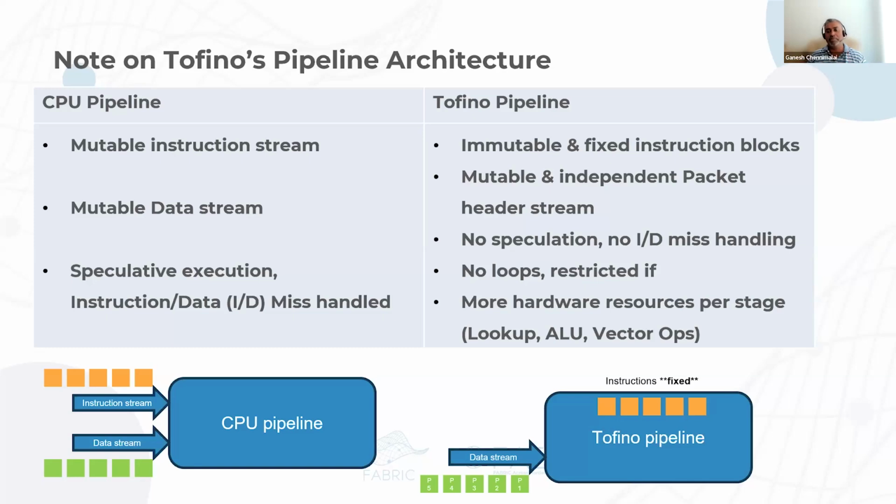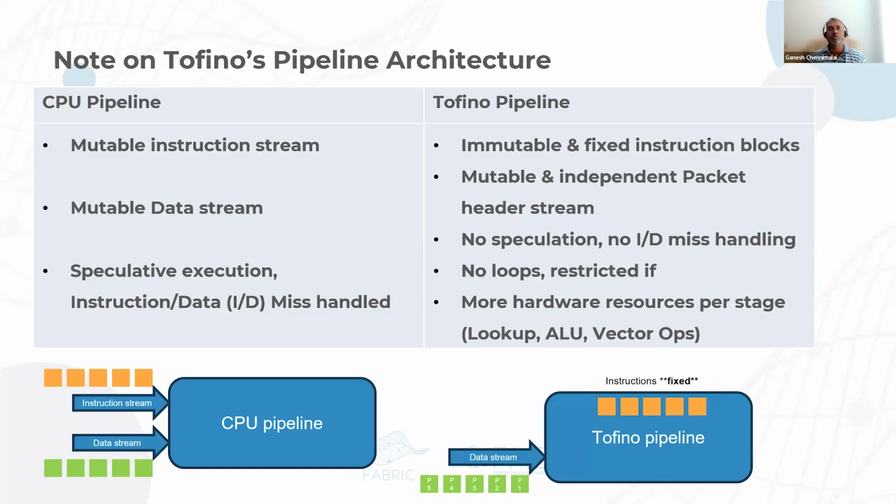If we look at the Tofino pipeline, you can see the marked difference: the instructions are fixed in the case of the Tofino pipeline. What that means is they are pre-programmed. For example, if I'm going to do addition in the first stage of the pipeline, that is applied to pretty much every packet unless it is conditional.